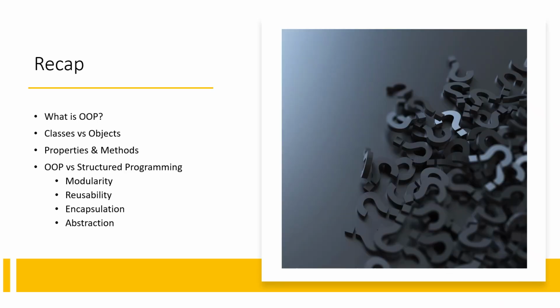In this lesson, we've looked at what object-oriented programming is. We've discussed the difference between classes and objects, classes being the blueprint and objects being the implementation of the blueprint. We talked about the structural building blocks which help define classes in Python: properties and methods.